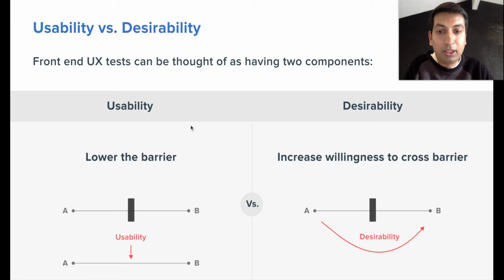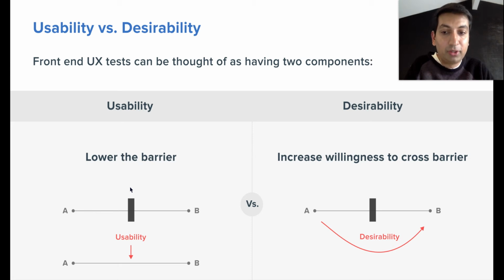In usability, we consider when you want a user to do something, get from point A to point B. A lot of the work we're going to talk about here is around e-commerce, and that's what our agency specializes in. It's a transaction that you want to happen. Add to cart, checkout, right? And there's barriers. Let's symbolize it with one barrier to the customer actually executing on that transaction.